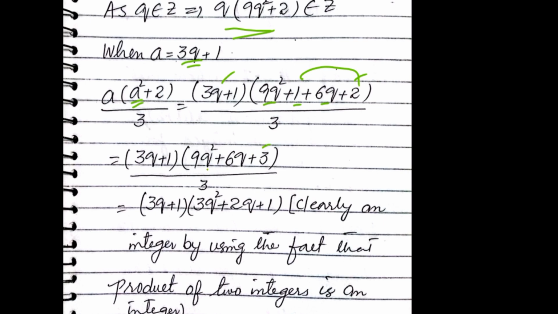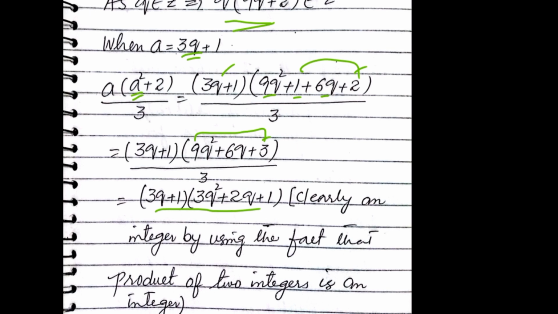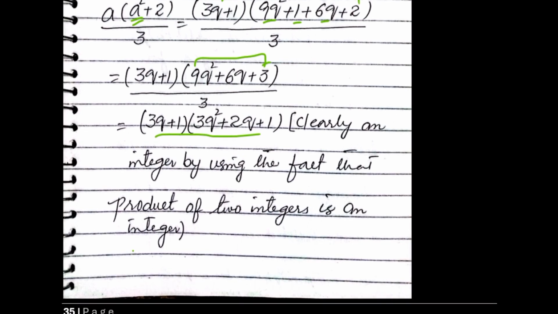By taking common 3 from these three terms and cancelling it out, I have this product, clearly an integer by using the fact that the product of two integers is again an integer. As q is an integer, 3q + 1 is also an integer, and similarly these three terms are also integers, and the product of two integers is again an integer.